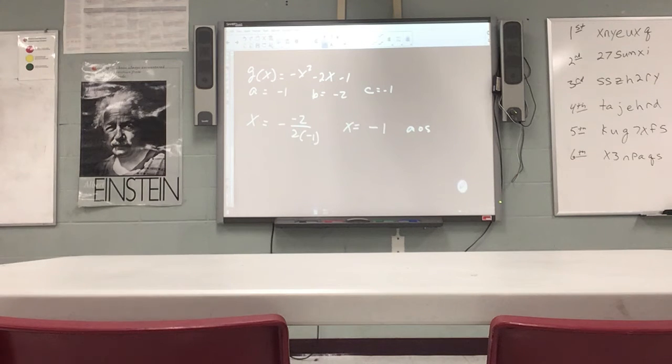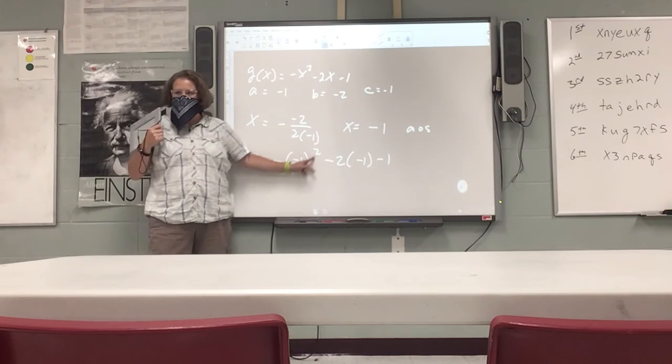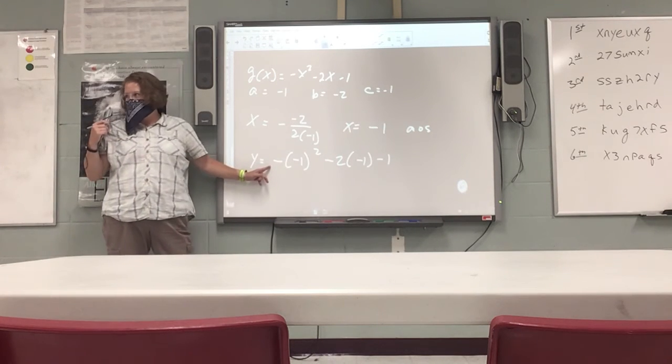Then you're going to take that and substitute it back in the equation to find your y. You've got to be real careful with your negatives now, so I'm going to have y is equal to that negative that's part of the equation. I'm bringing that down, negative, and then my x is negative 1 minus 2 times negative 1 minus 1. When we square this negative 1, that's a positive 1, but then you have to make it a negative because of that sign.